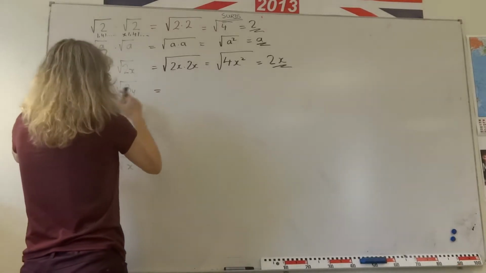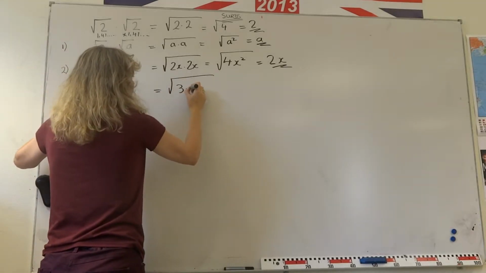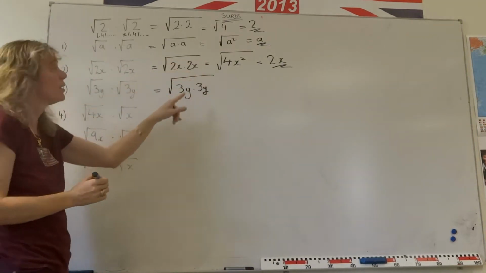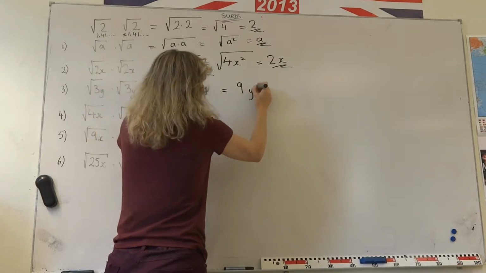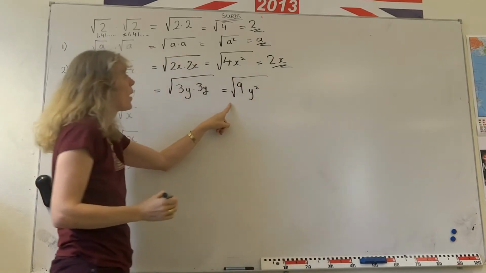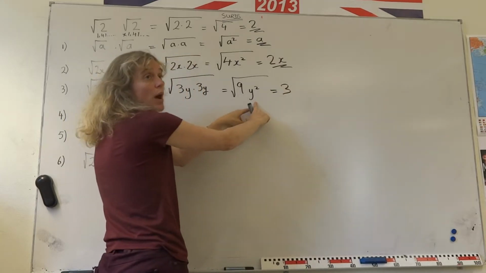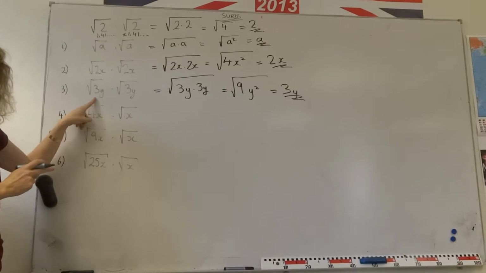The square root of 3y times the square root of 3y is the same as the square root of 3y times 3y, the square root of the whole thing. 3 times 3 is 9. y times y is y squared. If we take the square root of 9, we get 3. The square root of y squared, we get y. So we get back to what we had in the original question.